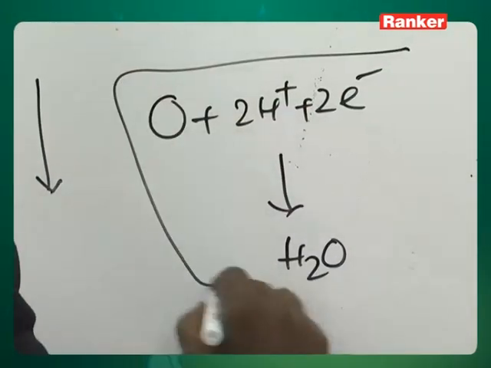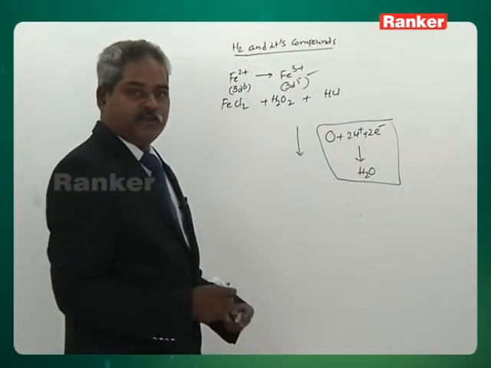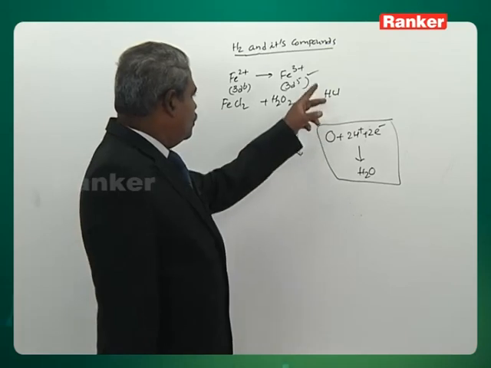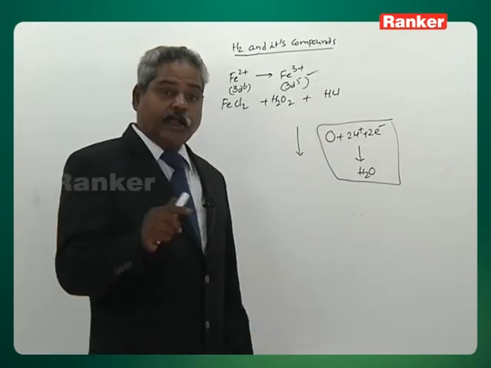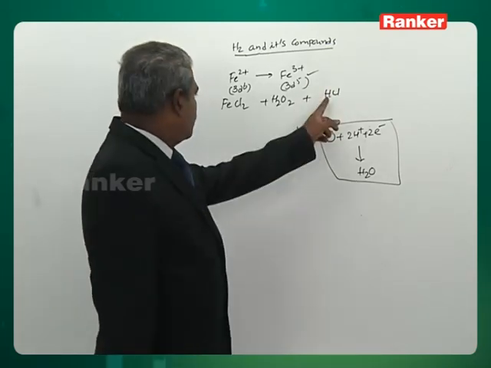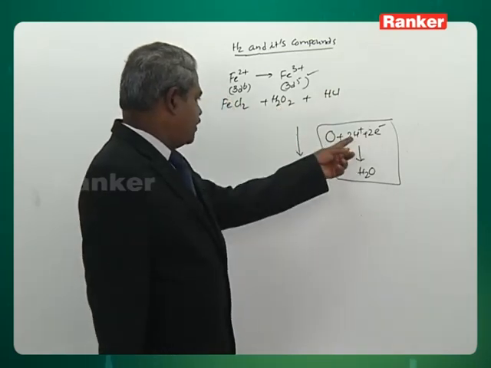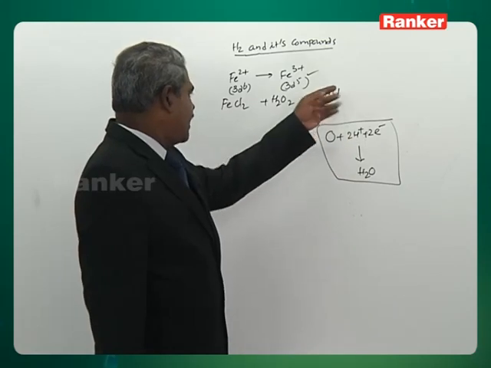This is the underlying principle of all chemical reactions. Oxygen of H2O2, 2 protons and 2 electrons. Who gives electrons? Reducing agent. Who gives protons? Acid. That's why I have taken an acid also here.